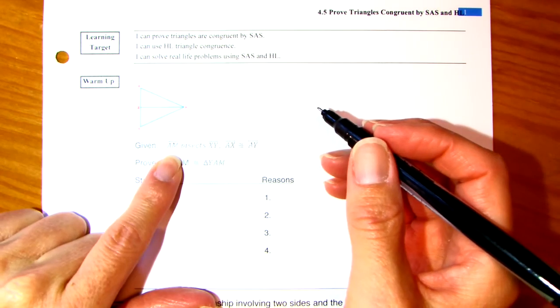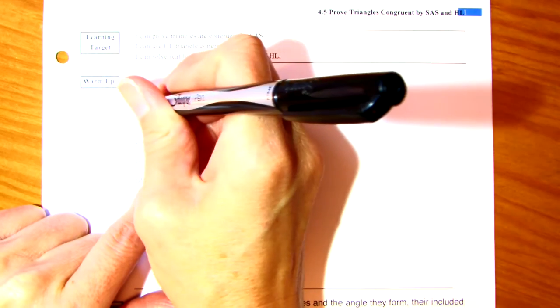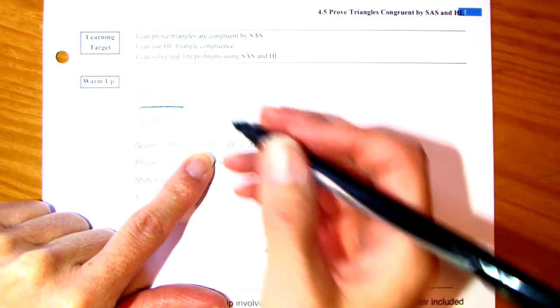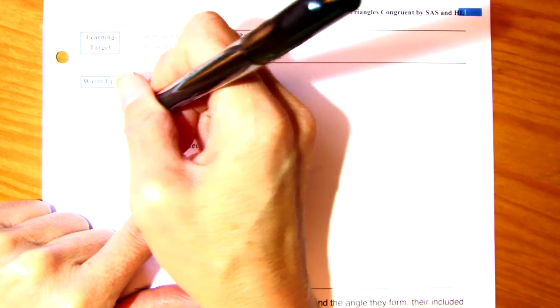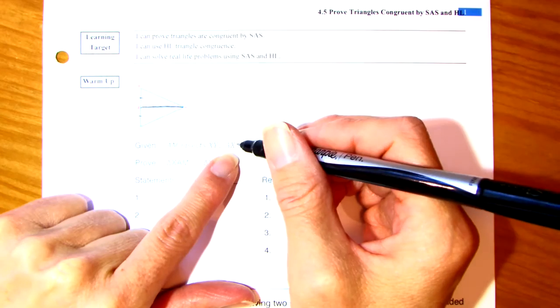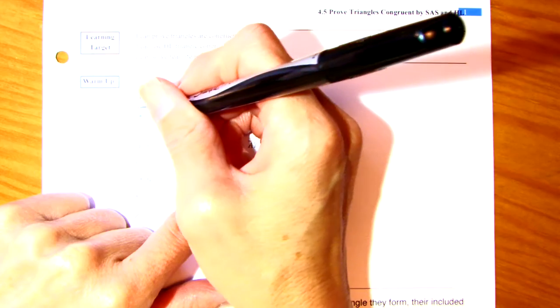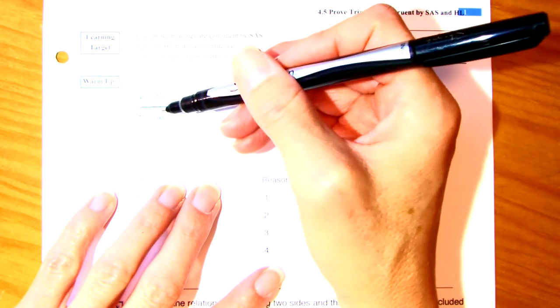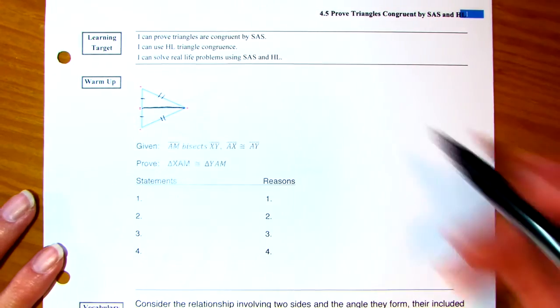AM, this segment right here, bisects XY. So I know that this is going to be congruent to that. And AX, this segment, is congruent to this segment. I need to prove that the top triangle is congruent to the bottom. When my hand is there, it blocks it, so I have to be careful.